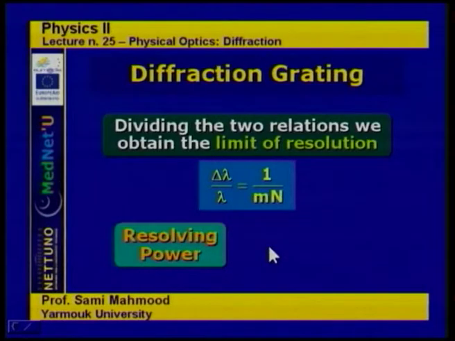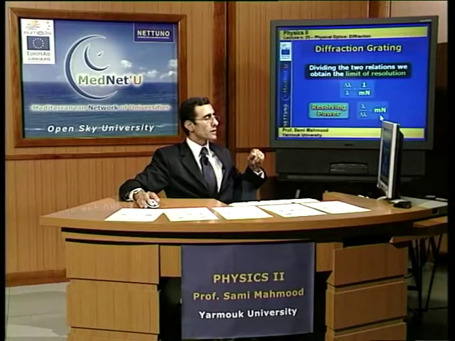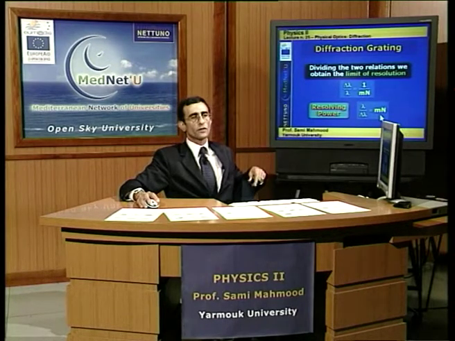And the resolving power is defined as λ over Δλ, which is equal to mN, the number of lines in the diffraction grating times the order of diffraction that we are dealing with. This is the resolving power of the diffraction grating.